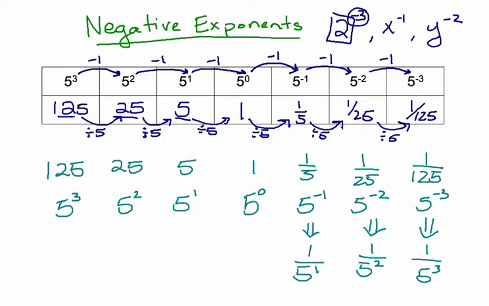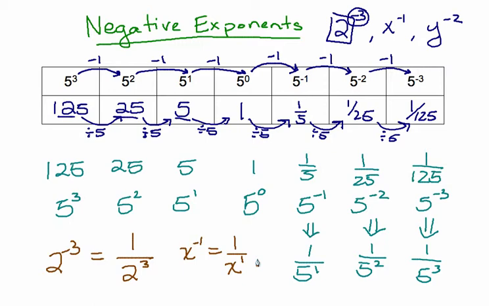So any time that you're dealing with a negative exponent, say perhaps you have 2 to the negative 3, you can think about that as 1 over 2 to the positive 3. You can think of x to the negative 1 as 1 over x to the positive 1. A negative exponent tells us we're dealing with something fractional: 1 over the base to the positive version of that exponent.